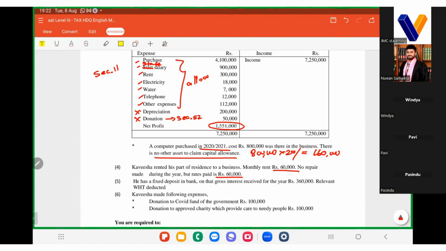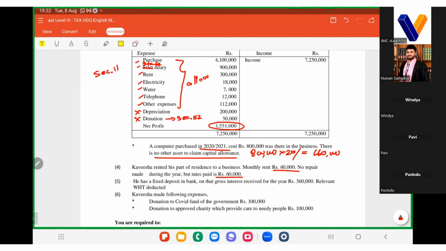You know, regarding the rent income, the relevant withholding tax is 10%, but you need to charge or pay the 10% only if your monthly rent is more than 100,000. But in this question, the monthly rent is only 60,000. So you are not liable to pay withholding tax on that, right?